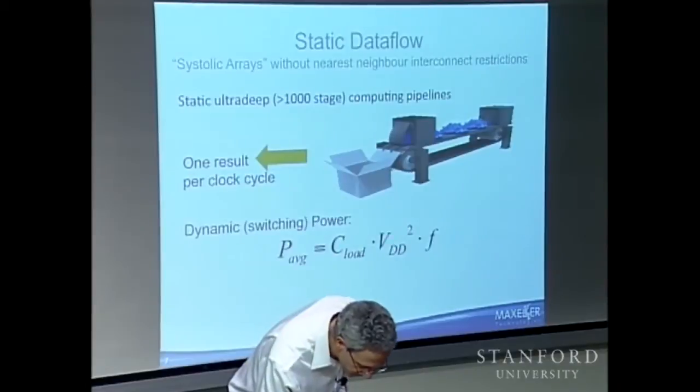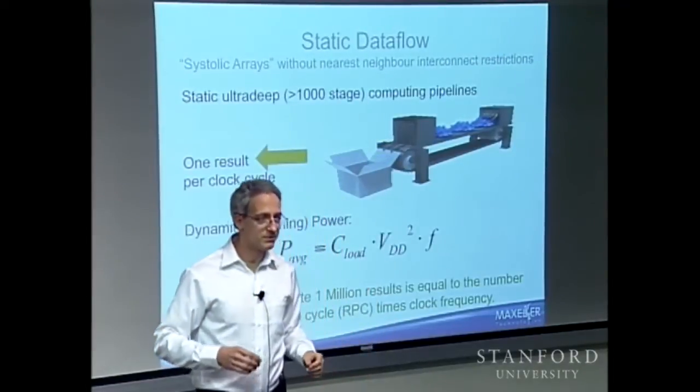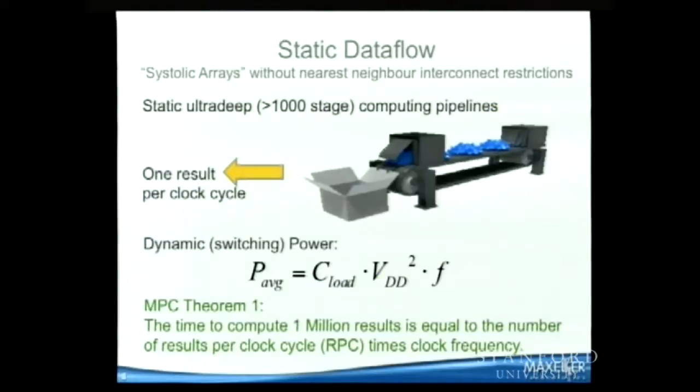And so now there are a few, I'll call them theorems, but really, I guess, these are more just statements on what I see as conclusions from all of this, which is that the time to compute 1 million results is equal to the number of results per clock cycle times the clock frequency.